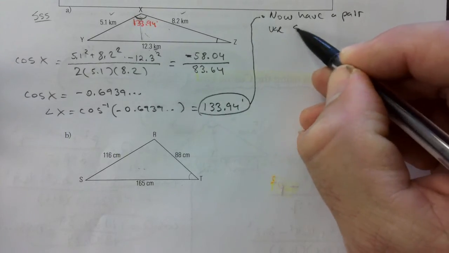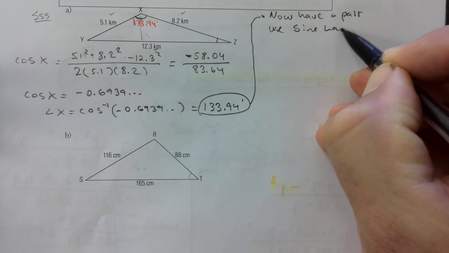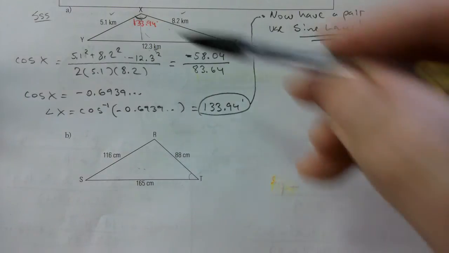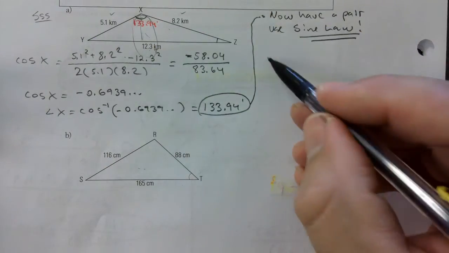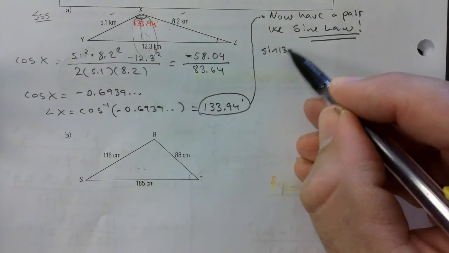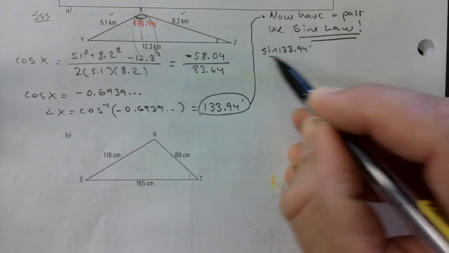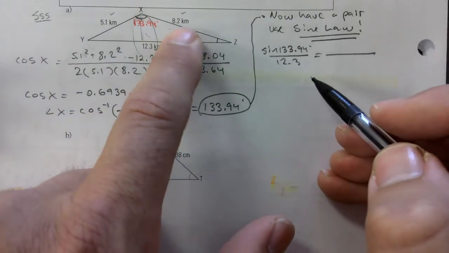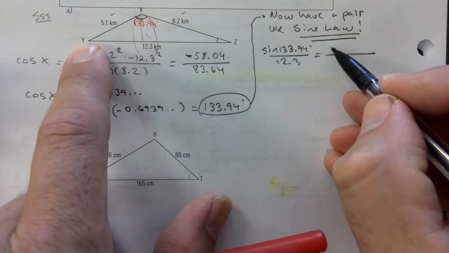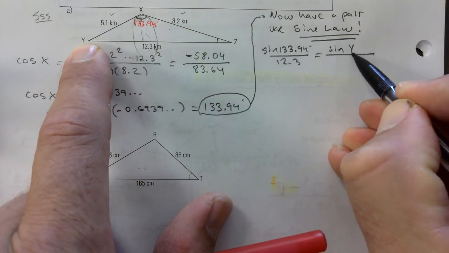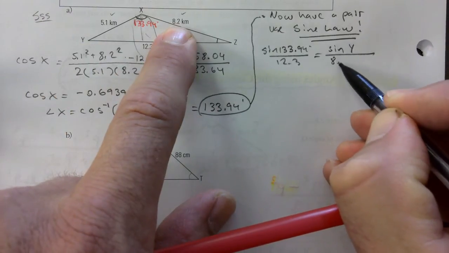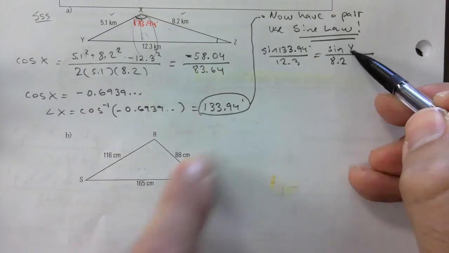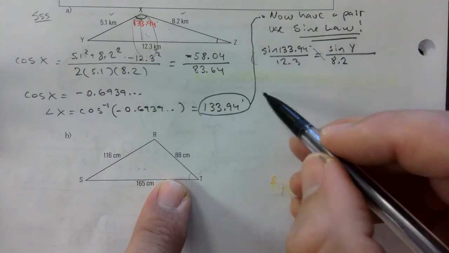I will bring this up here. Now you have a pair. Use sine law. That's what I'm going to do. So that is technically your pair now. So you can go sine of 133.94 over 12.3 is equal to, and if you want to find y first, right, then you got to make sure you use the 8.2 down here, then you're finding y. Cross multiply and divide.